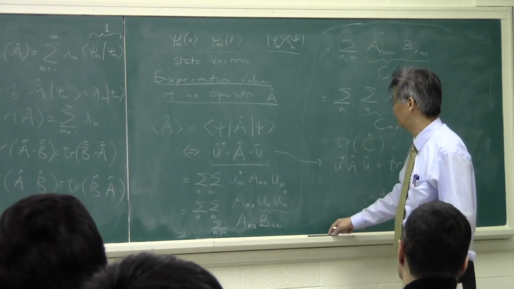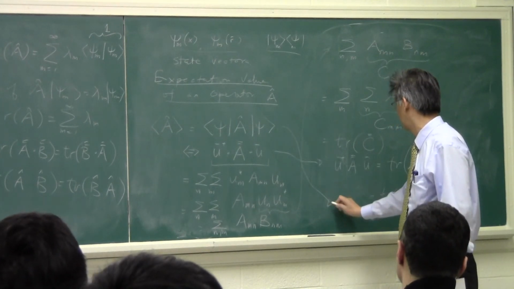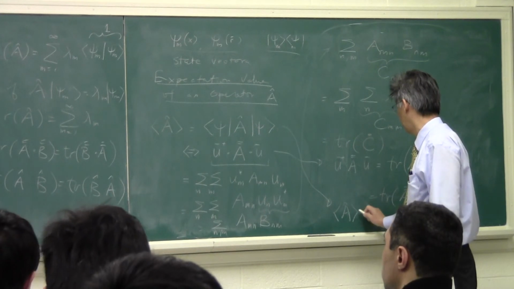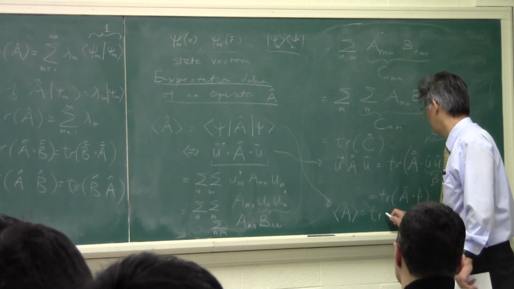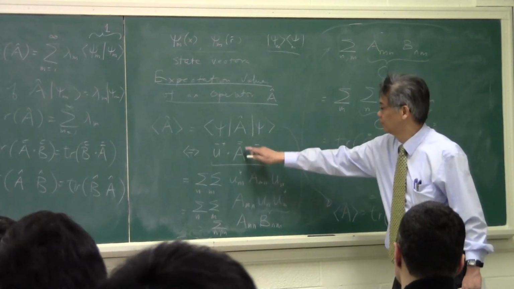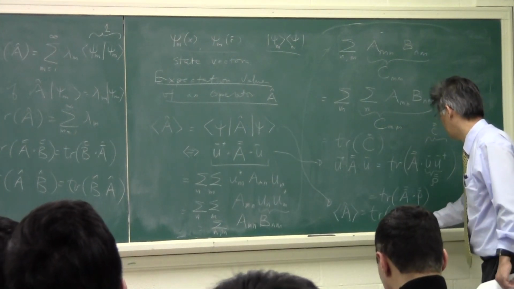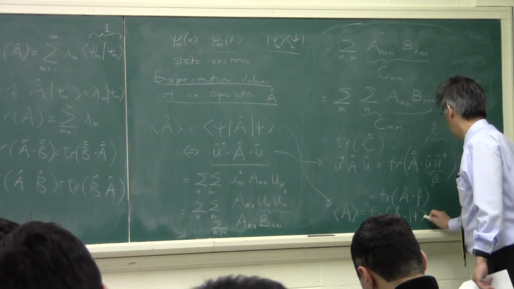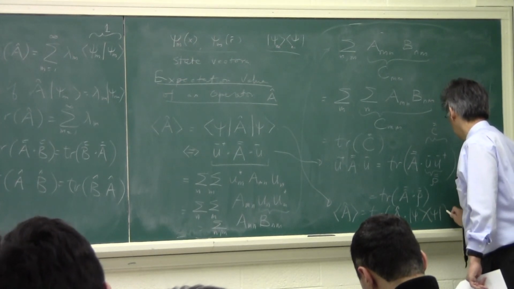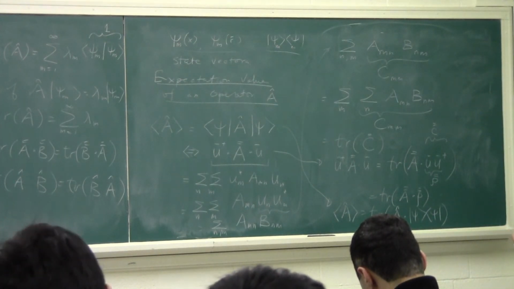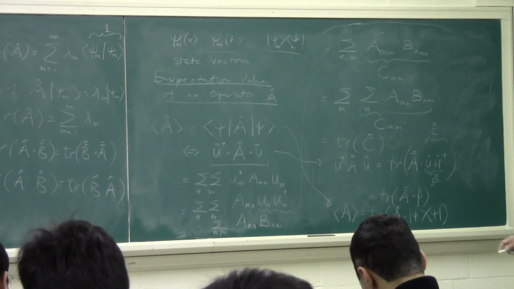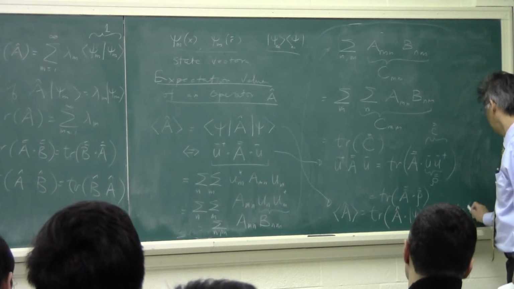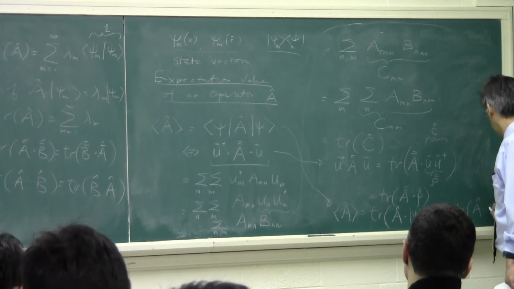And this notion says that if I were to go back to Dirac notation and write this, the expectation value of an operator A is just a trace of an operator, if I go backward in my notation, times the outer product between the two state vectors. Okay, this is just the outer product, and then this can be written as A hat times rho hat.